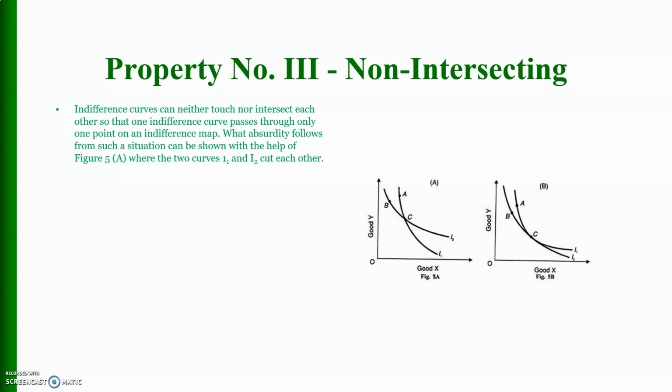Property number three: two indifference curves never intersect each other, or touch each other. If they intersect each other, then it means that one combination of the two goods represents two different levels of satisfaction.